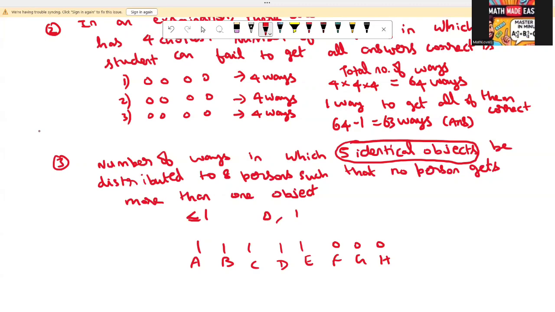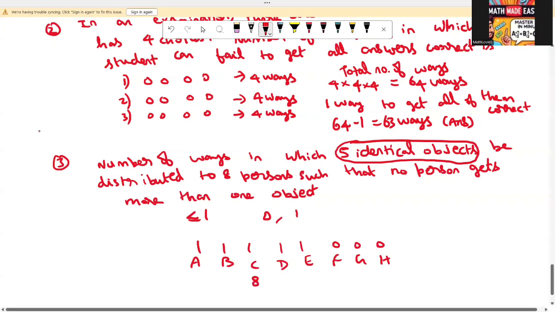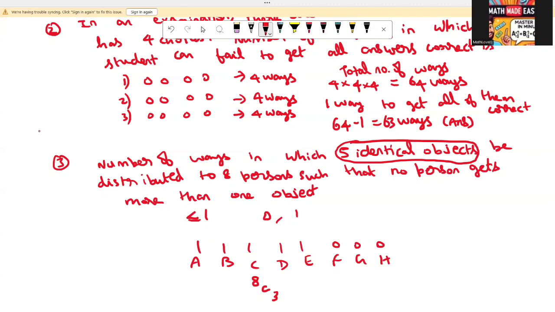People are not identical, so people are distinct. So out of these 8 people, I have to choose 3 people to whom I'm not going to give anything, that is, giving them 0. Once I choose those 3 people, the remaining people will get 1 each.